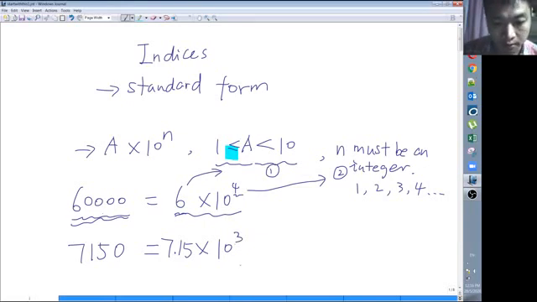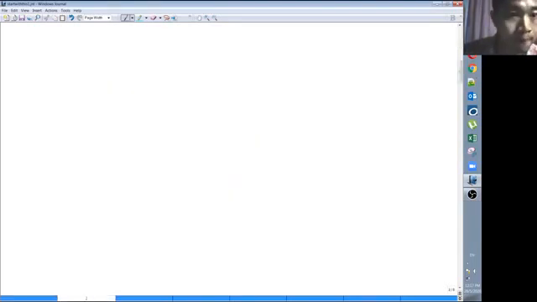If you are not confident enough, you can use a calculator to check if you get this. Pretty easy. So now let me give you some more examples. Let me give you a decimal number.